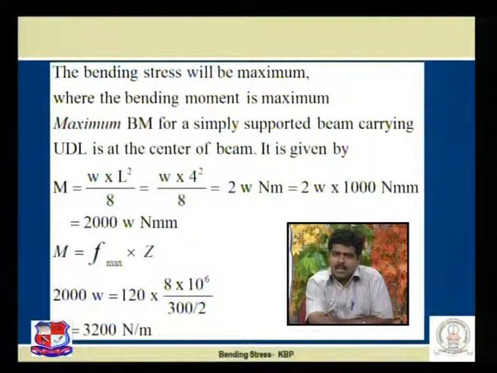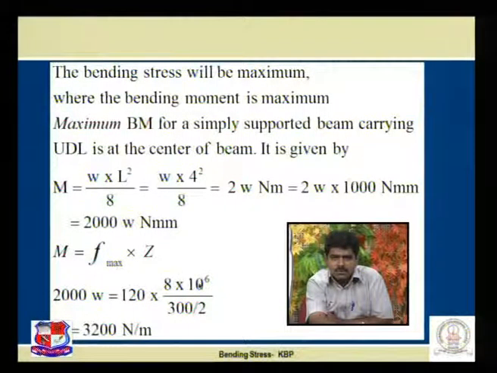Basic equation, M is equal to F multiplied by Z. So 2000 W is equal to 120 multiplied by, as Z is not directly given to us, so I have to divide into two parts, I by Y max.